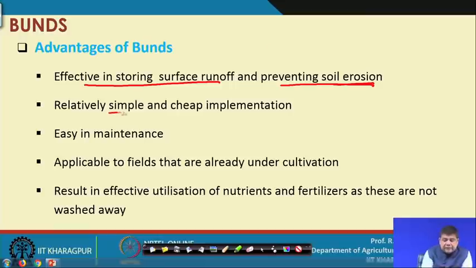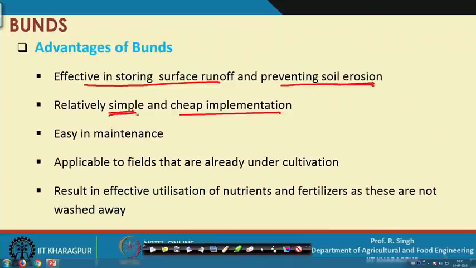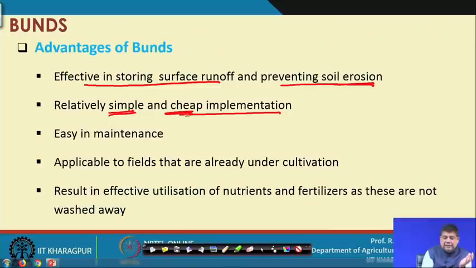They are relatively simple and cheap to implement, as we have seen that the material of construction is soil or stone, which is readily available in the field condition, and a very simple shape, say trapezoidal shape, is provided. So, they are very simple to construct basically, and because the material of construction is readily available, generally it is quite economical in construction.